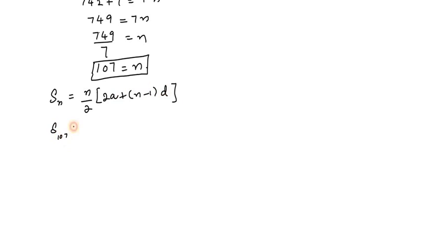N is 107, so 107 upon 2, a is 252, plus 107 minus 1, and the difference is 7.